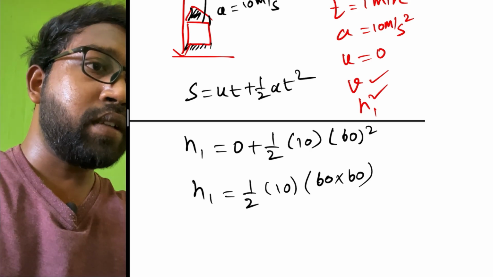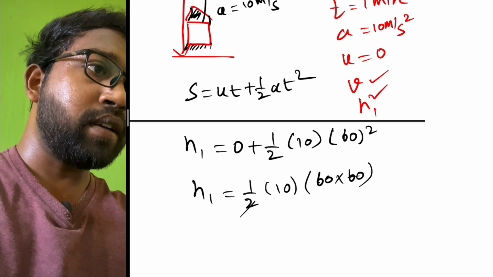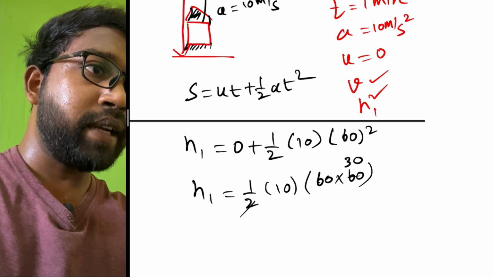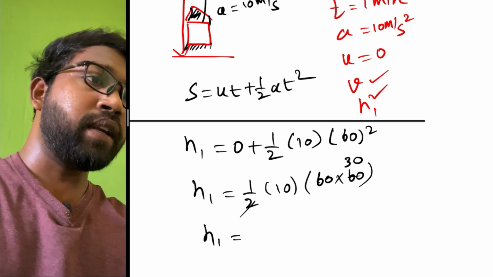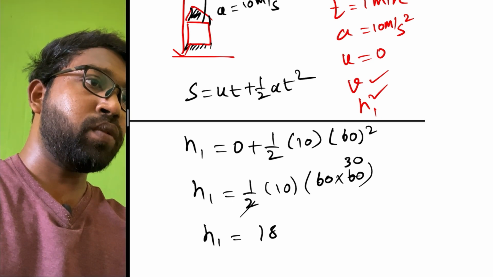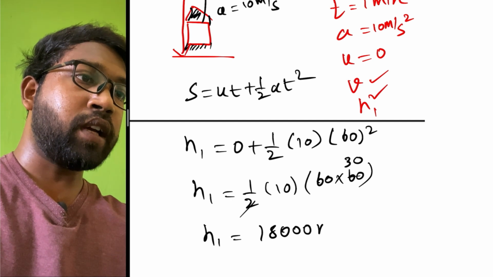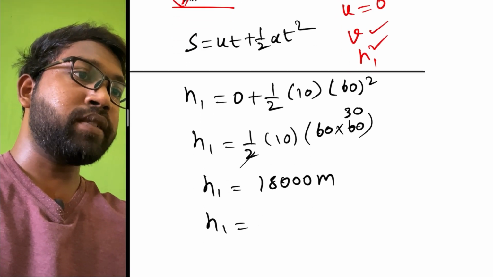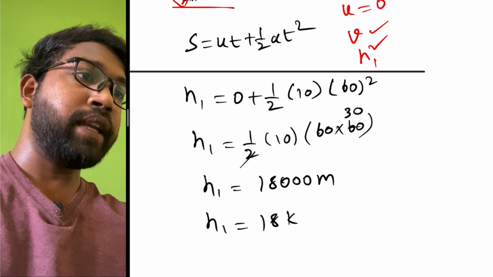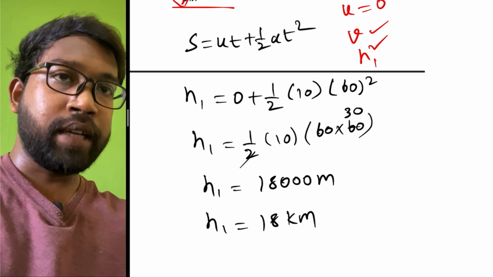If you solve this, you will get a 30 here, right? If you multiply it, 3 6s are 18, you will get 18 and 3 zeros, right? This is h1. We just found h1. Let me take it in kilometers. So this belongs to 18 kilometers. I just found h1.